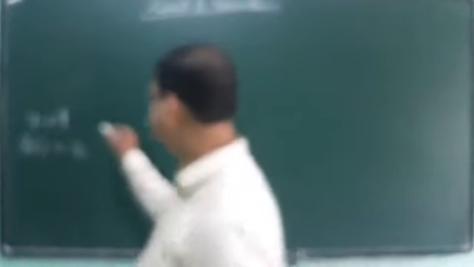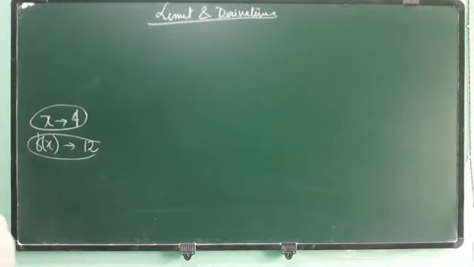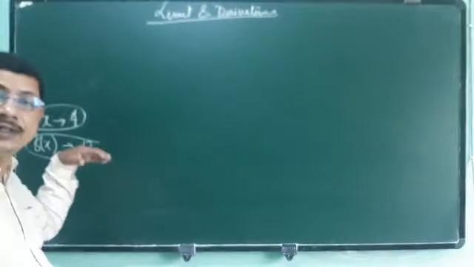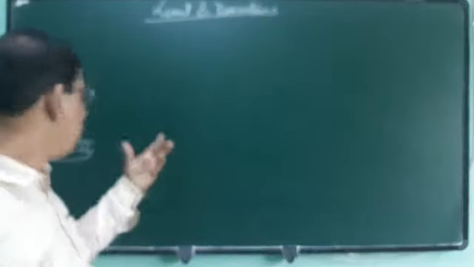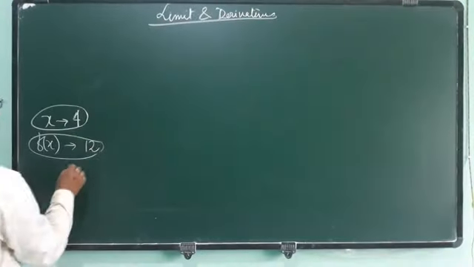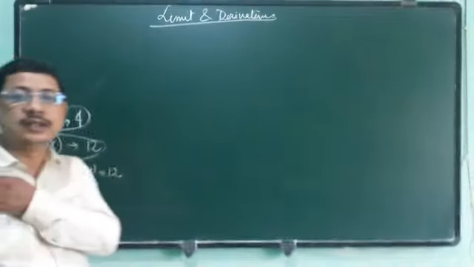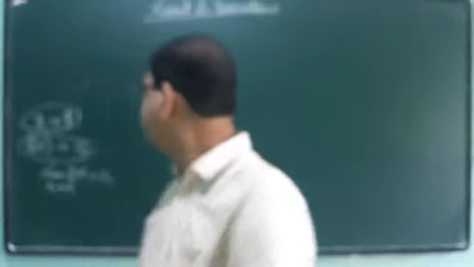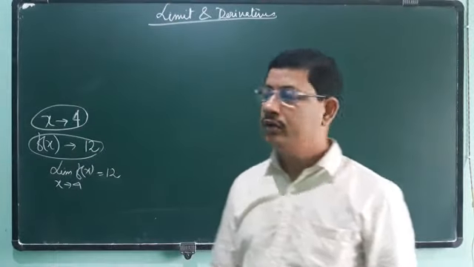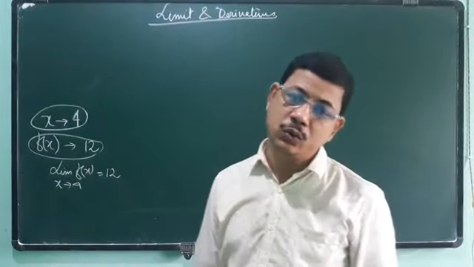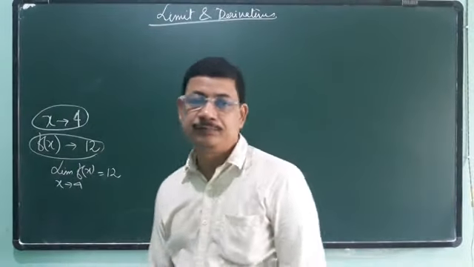As x is going near to 4, f(x), which depends on x, also has a tendency of going towards 12. Then this is named as the limit of f(x) when x tends to 4 is 12. That is the meaning of limit. Simply, as x tends to 4, f(x) tends to 12.